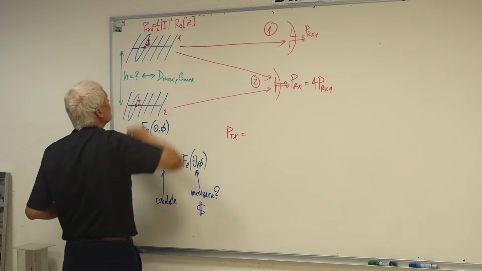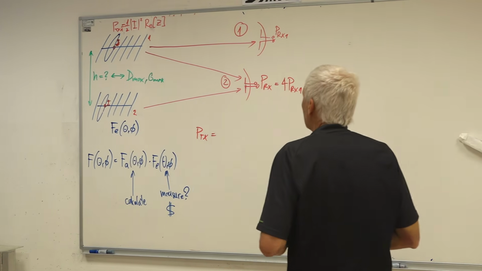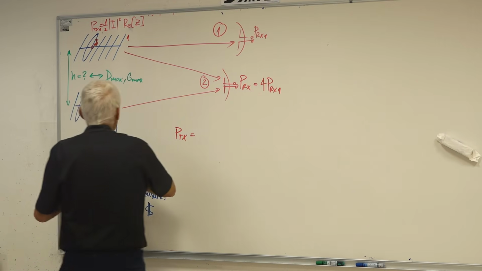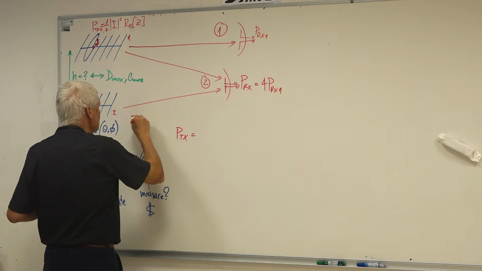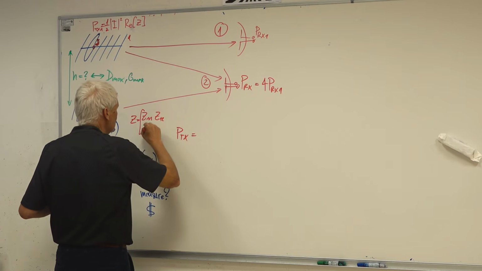In the case of 2 antennas, I can describe such a system with the Z matrix: Z11, Z12, Z21, Z22.